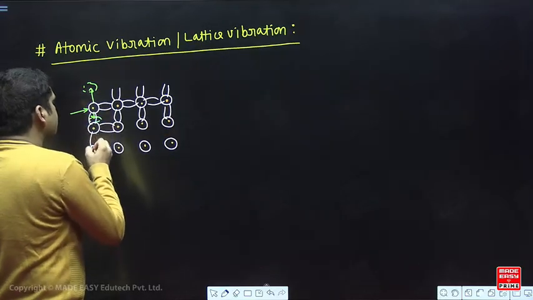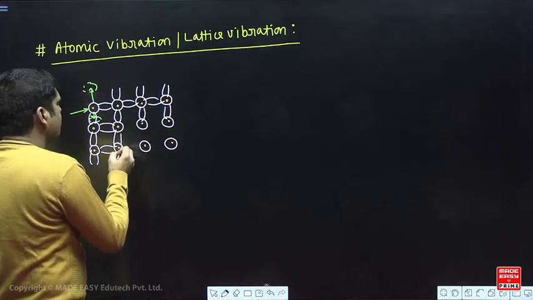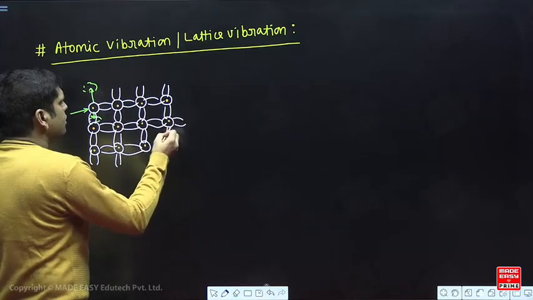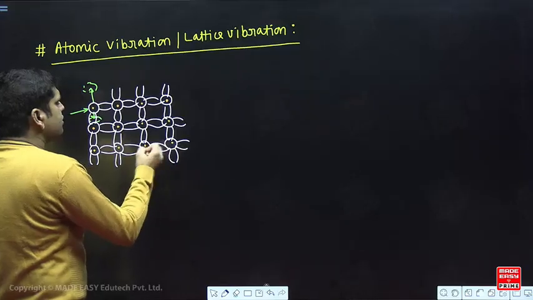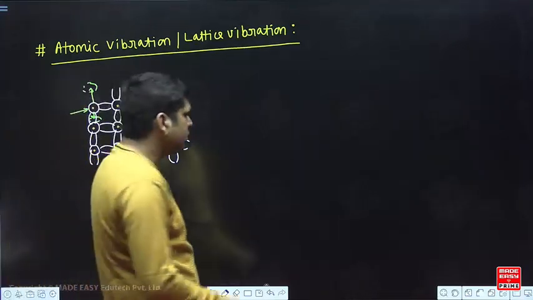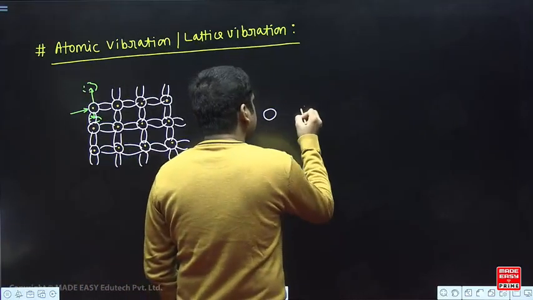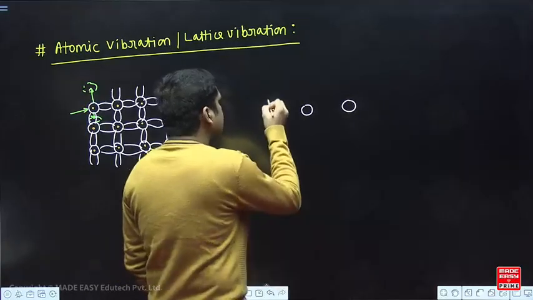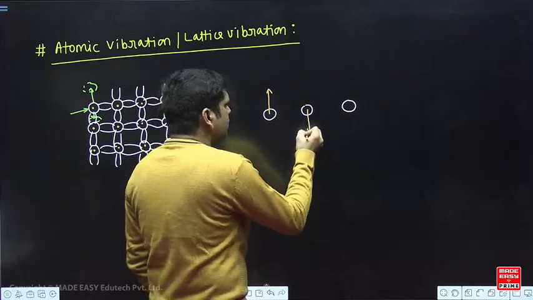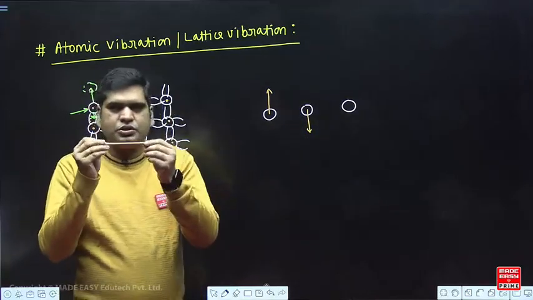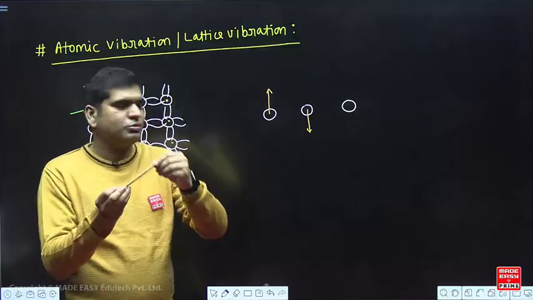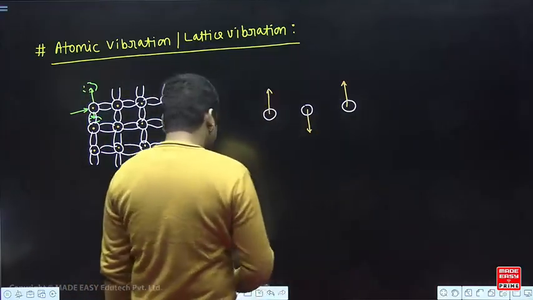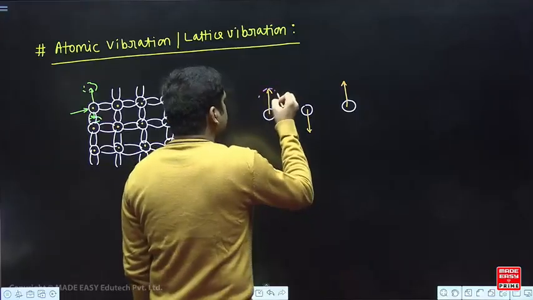So all of them have been connected with each other through chemical bond. अब होगा क्या कि let us suppose this atom and this atom and this atom, they are connected through bond. So when this is going up, this will go down, because bond means like this. When this goes down, this should go up. This way their vibrations are coordinated with each other.